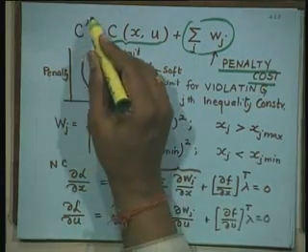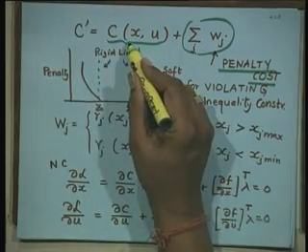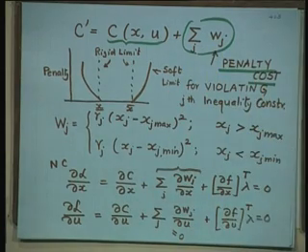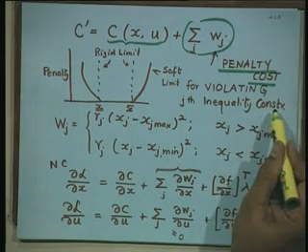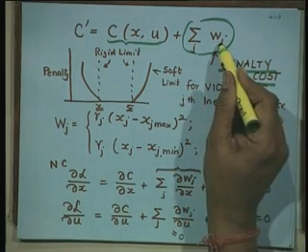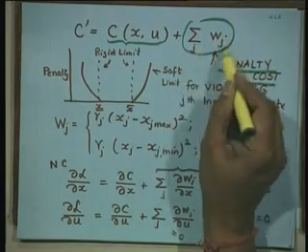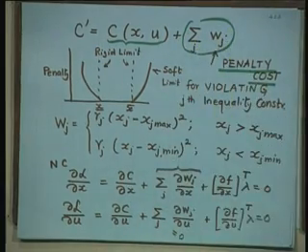So, C dash is a new modified objective function, original objective function plus penalty cost function. For violating jth inequality constraint, this is the cost Wj. All such constraints, summation j. So, total penalty cost is sigma j Wj. All variables will not cross limits, otherwise there is something wrong with your definition of limits.